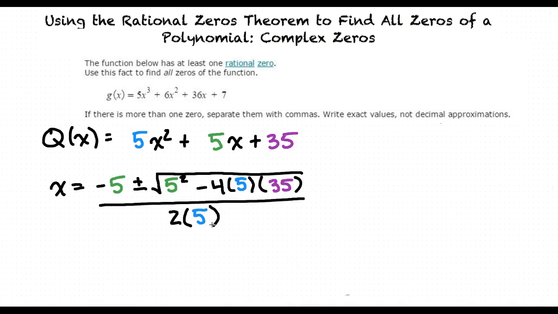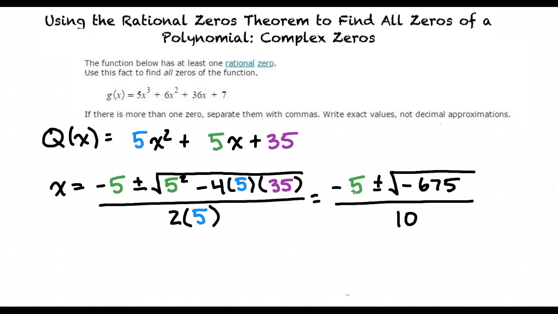Through using the quadratic formula, we get that x is equal to negative 5 plus or minus the square root of 5 squared minus 4 times 5 times 35, all of this divided by 2 times 5. This simplifies down to negative 5 plus or minus the square root of negative 675 divided by 10.